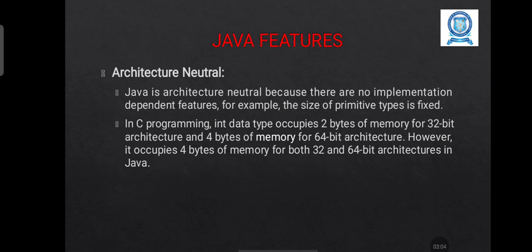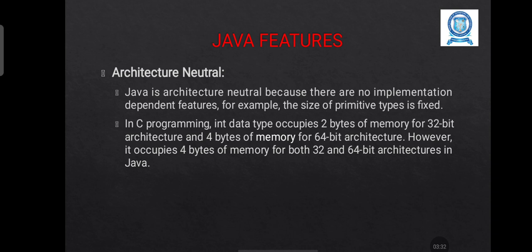Then another feature is architectural neutral. Java is architectural neutral because there are no implementation dependent features. For example, the size of the primitive data types is fixed. In C programming, the int data type requires 2 bytes of memory for a 32-bit architecture, but in case of a 64-bit architecture, it needs 4 bytes of memory.